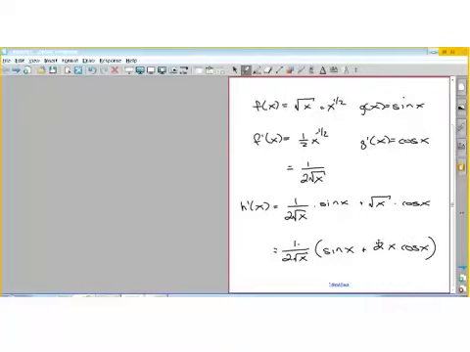See if I multiply this times that, 2 divided by 2 is 1. X divided by the square root of x is the square root of x. Now, is that any better? I don't know. So this will be fine.